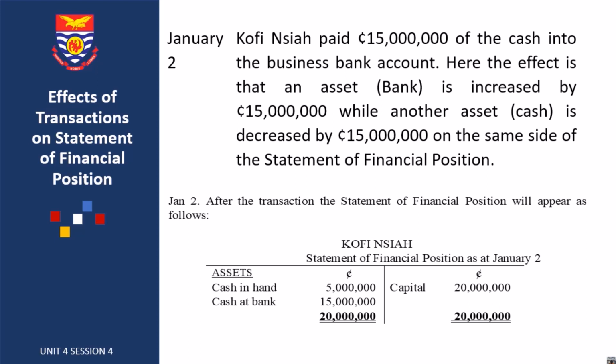So one asset in the form of cash decreased, whilst another asset in the form of bank increased. So we still have the accounting equation being asset equals capital. So the asset, 20 million Ghana cedis, is still equal to the capital, 20 million Ghana cedis.